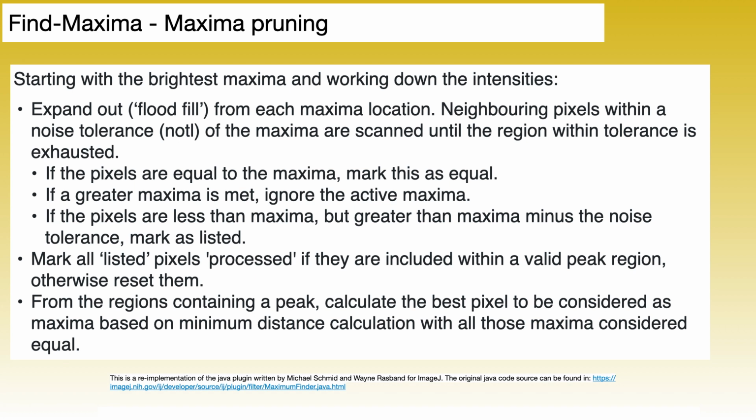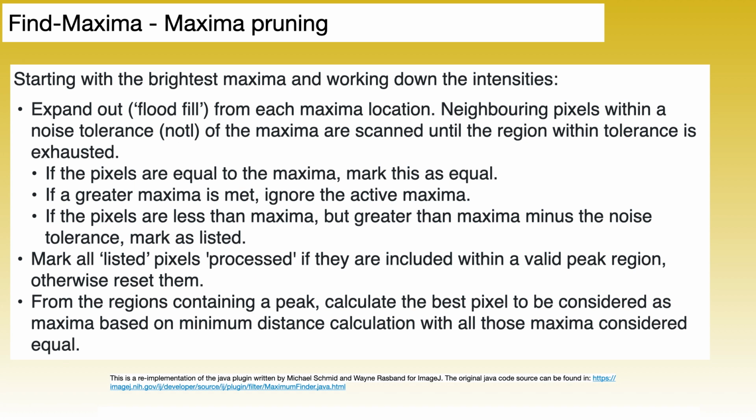So we've got all of our prospective peaks from our maximum filter and our local maxima detection. And then we take our most intense peak first and work down them in terms of intensity. We start with our brightest peak, and then we look at the neighboring pixels within the certain noise tolerance, expanding out in a sort of flood fill mechanic.